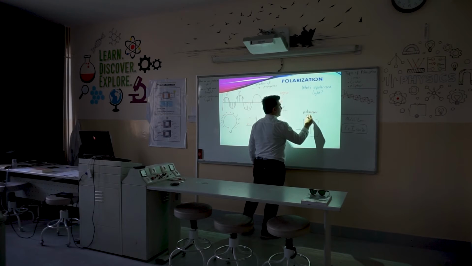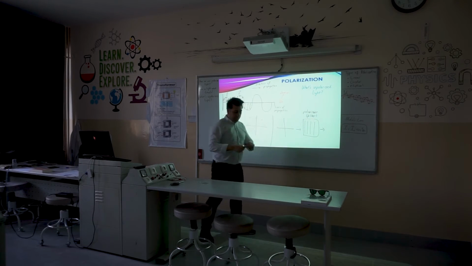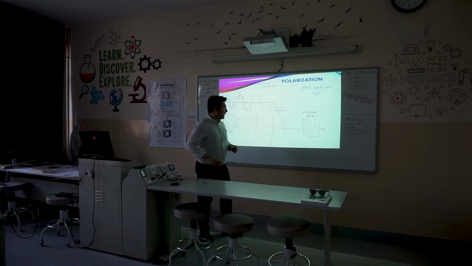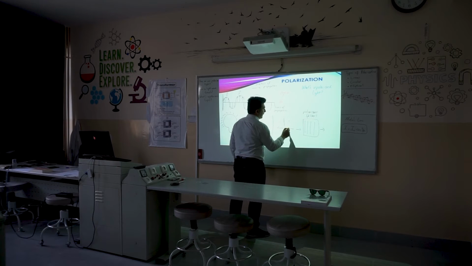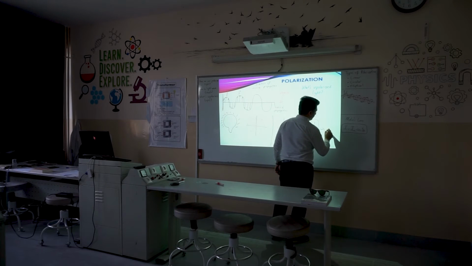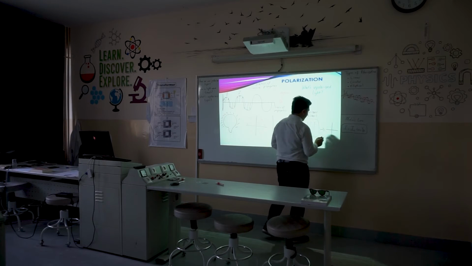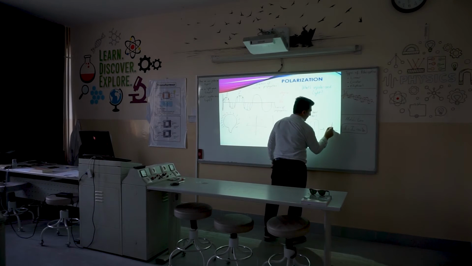Polarizer or filter. If we send unpolarized light from a random source into a vertical polarizer, it allows only the vertical direction of the light. So we will have light in only the vertical direction. Something like this.